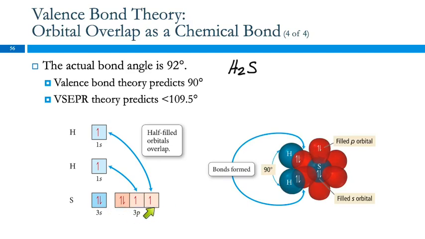The other two are half-filled. So this orbital is half-filled, and that's going to overlap with the half-filled orbital of this hydrogen. Those electrons spin pair, and that's the bond. This third orbital of sulfur, third p orbital, has one electron, and the hydrogen has one electron, and their orbitals can overlap and form a bond.